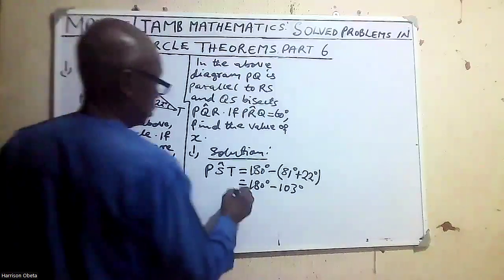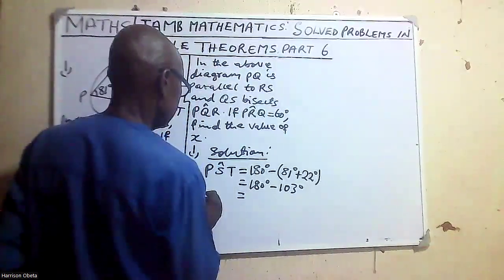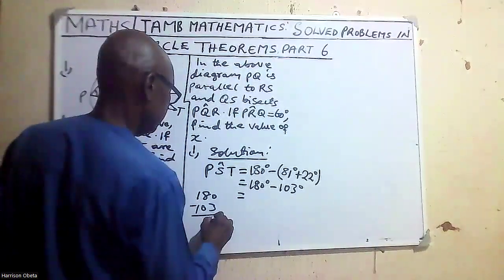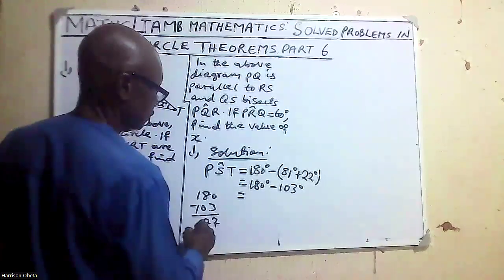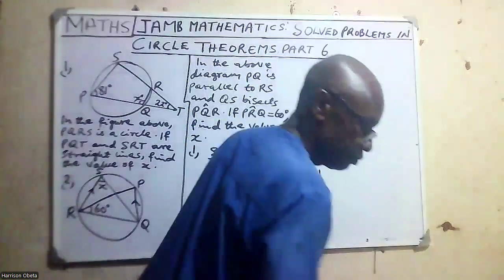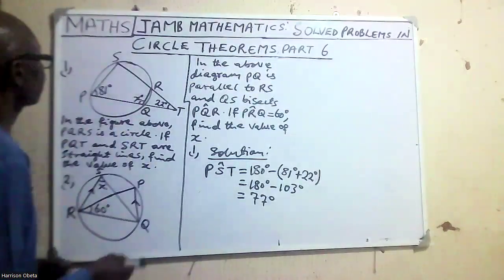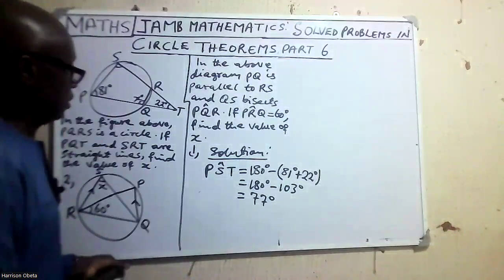Now, 180 minus 103 is 7. That's 7 degrees. Okay. So that means angle S is 77 degrees.